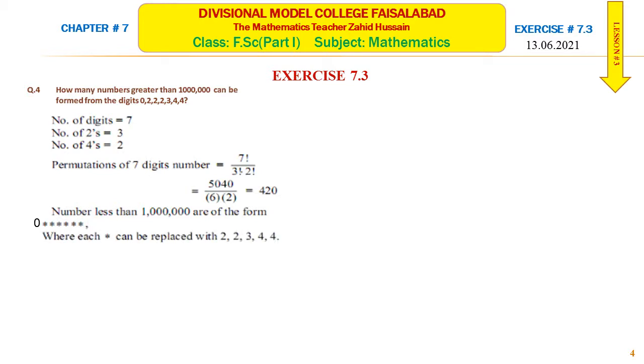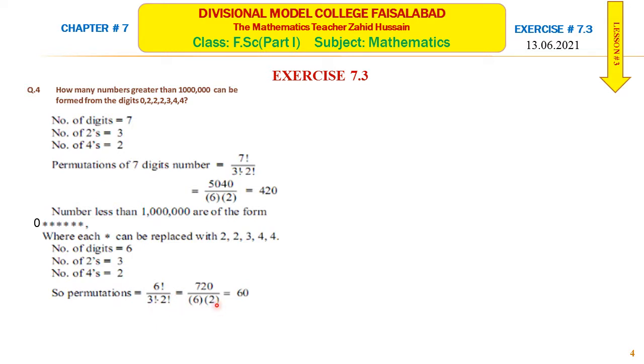So in this case, the number of digits is 6, number of twos is 3, and number of fours is 2. So the number of arrangements using these 6 digits, that is the arrangements which are less than 10 lakh, are 6 factorial 720 over 3 factorial 6 and 2 factorial 2.